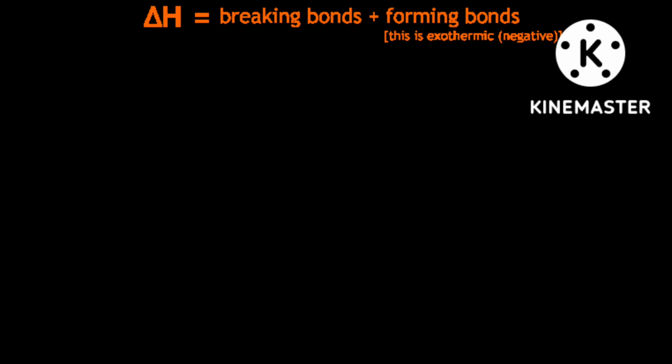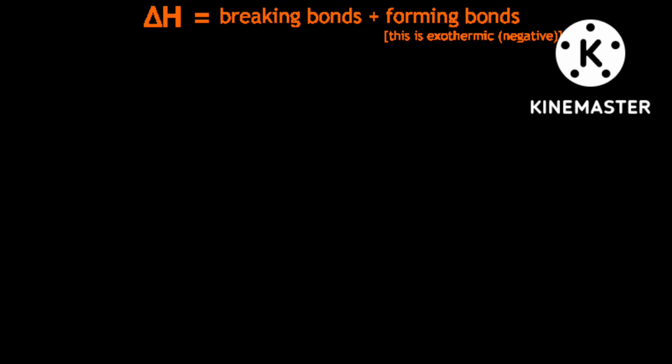Here it is very conceptual: bonds are going to be broken. In bond enthalpy, when we are discussing the reaction, first the reactant bonds will break, and then new bonds will form during the reaction.